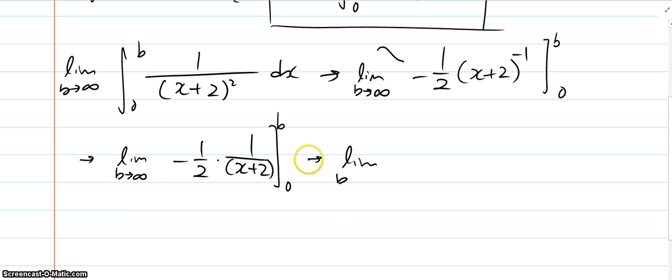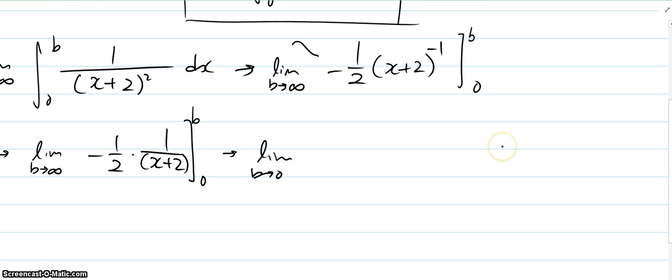Now it's easy. According to the fundamental theorem of integration, we can rewrite the whole thing into b plus 2 to the 1 minus, it's now substituting the bottom part, which makes it plus 0 plus 2.